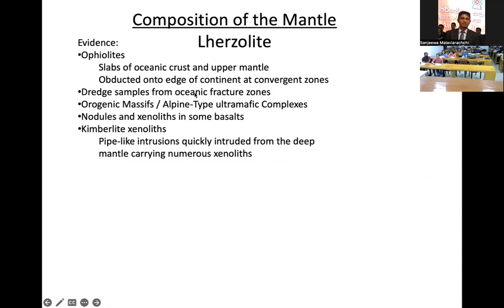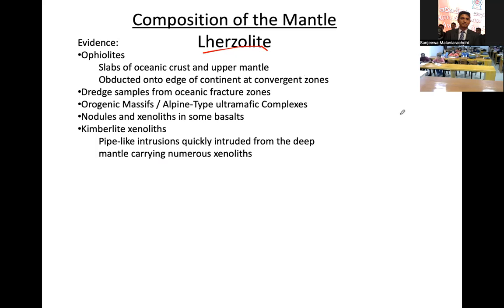I expected someone to say the composition of the mantle is lherzolite composition, or at least peridotitic composition. Do you know peridotite? Lherzolite maybe you don't know, but you already know about peridotite, right?